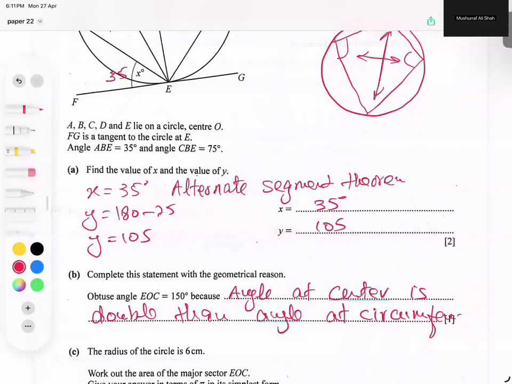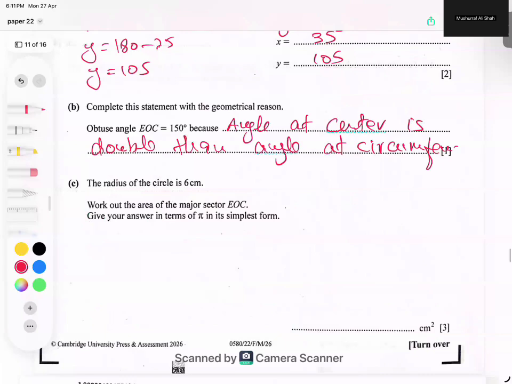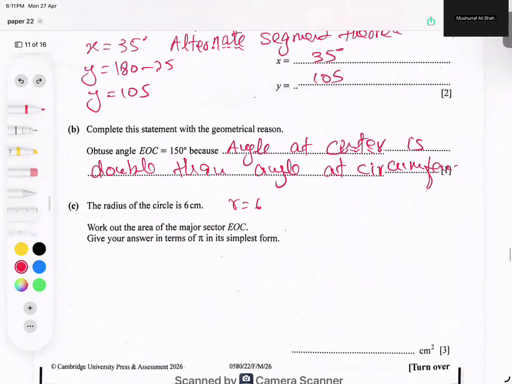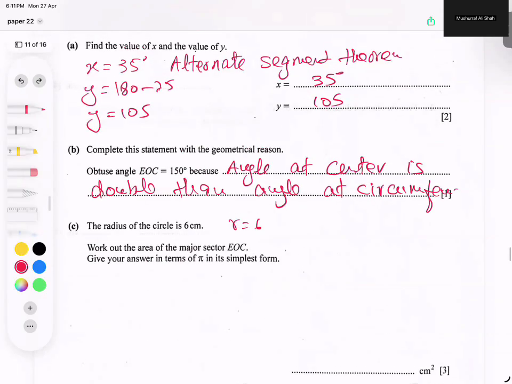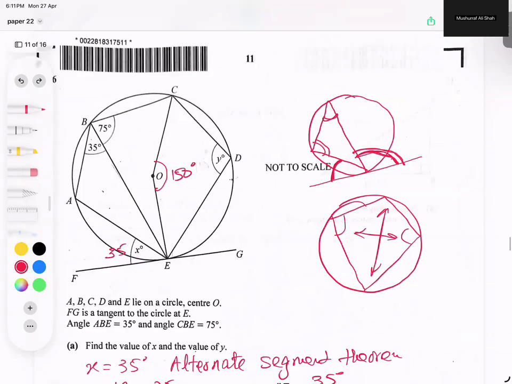So part C, the radius of the circle is 6. Okay, radius is 6. Area of the major sector EOC, and give the answer in pi form, simplest form. So where EOC major, you see, student, if I make this diagram again, so C is here, O is here, and E here.